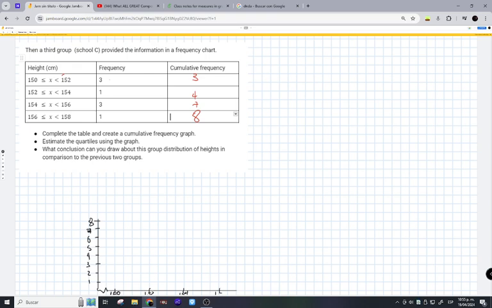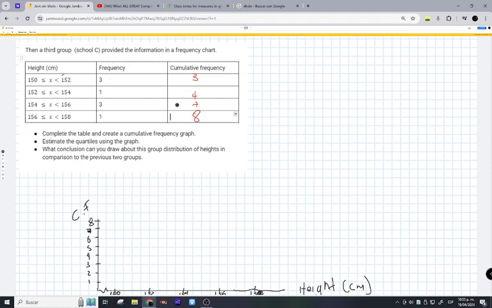Here, 156. I need to make it a little bit longer. And 158 centimeters. Oh my god, this is too awful. Please don't do it as awful as this one. So again, cumulative frequency and height in centimeters. Please don't do it as awful as I'm doing it.